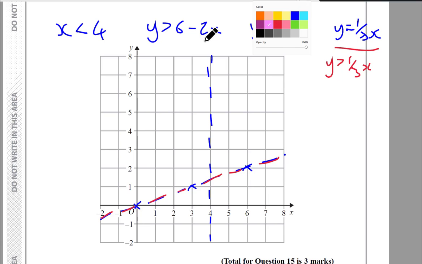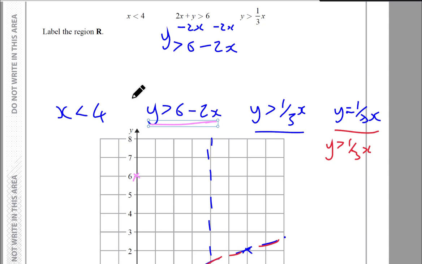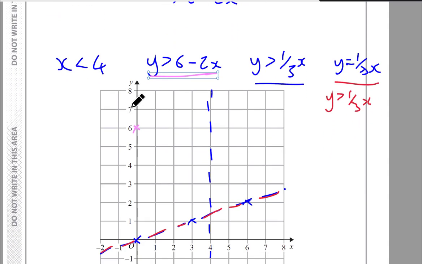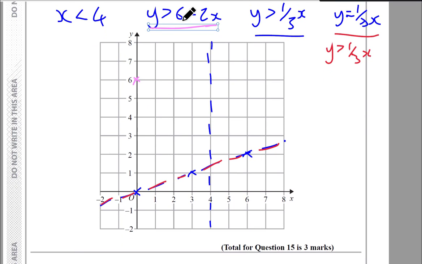So let's substitute for this one now. So when x equals 0, y is 6. Now I'm just double checking I've got those signs correct. Yep. When x equals 1, that's 6 minus 4.